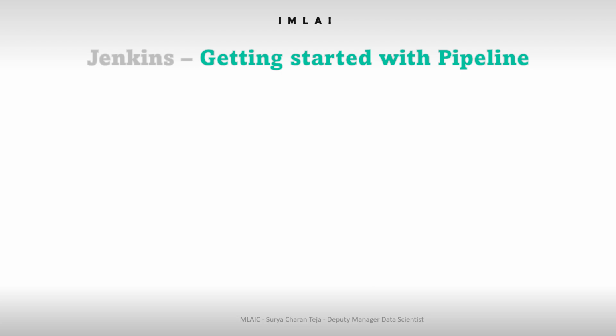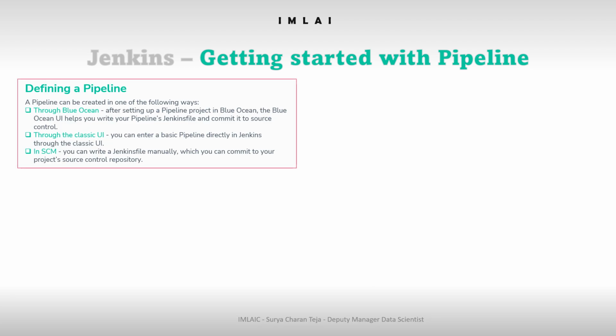As mentioned in our previous slides, Jenkins pipeline is a suite of plugins that supports implementing and integrating continuous delivery pipelines into Jenkins. Pipeline provides an extensible set of tools for modeling simple to complex delivery pipelines as code via the pipeline DSL, domain specific language.